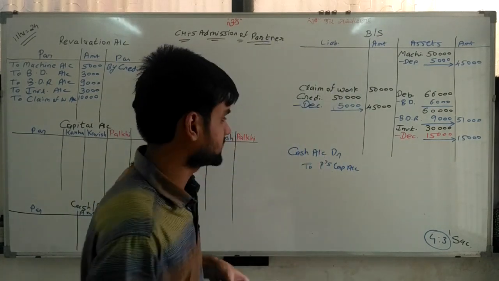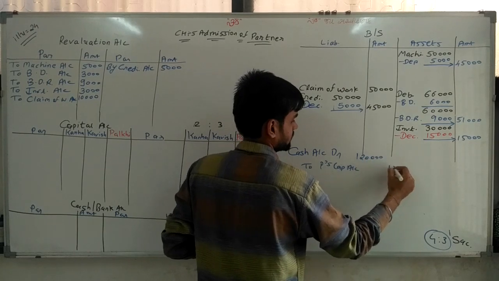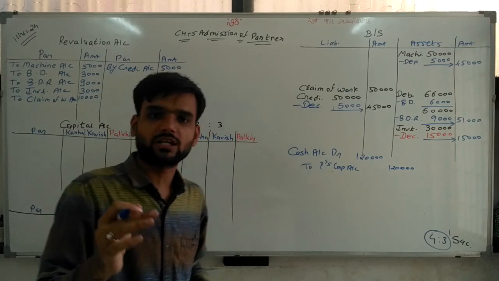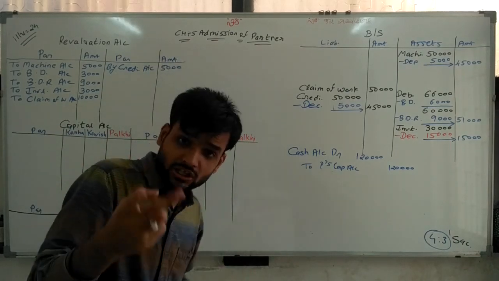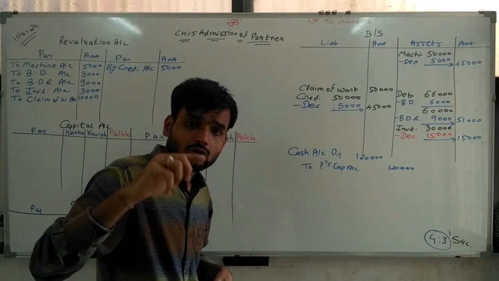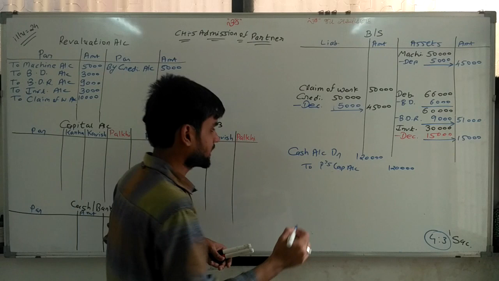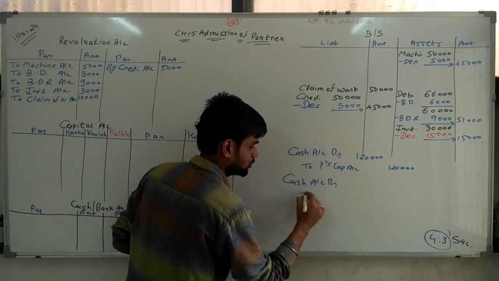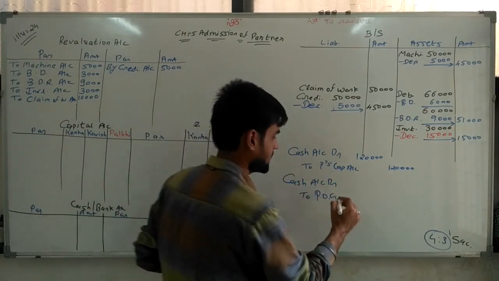Sir, 1,20,000 rupees is capital. So cash account debit to Palki's capital account 1,20,000. Second, cash is also brought for her part of goodwill. So again we write cash account debit to premium of goodwill. This you know very well.